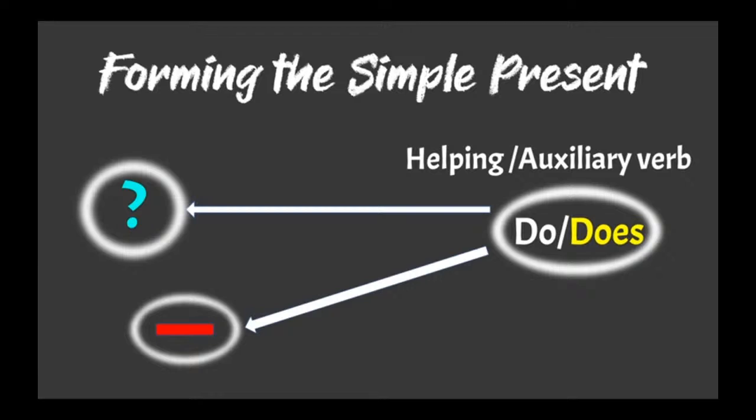We need, as you may know already, a helping verb, auxiliary verb, to make questions and negative sentences. The auxiliary verb in this case is do, and for the third person singular is does. Does, again, is for he, she, and it only.